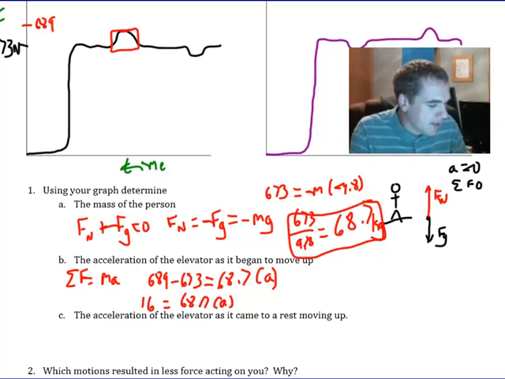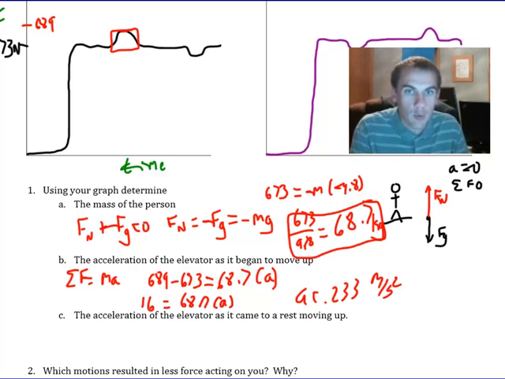So 16 divided by 68.7 equals 0.233, essentially. a equals 0.233 meters per second squared.